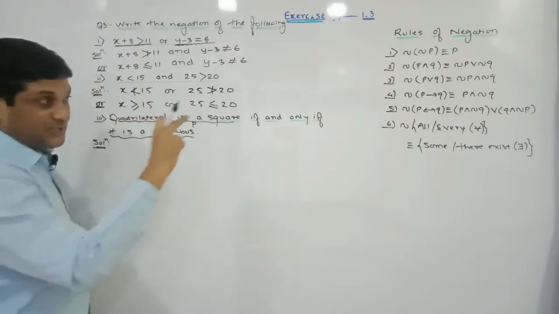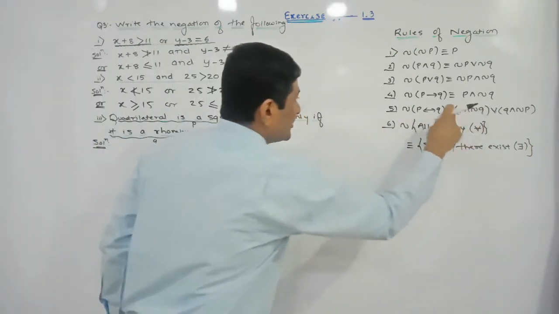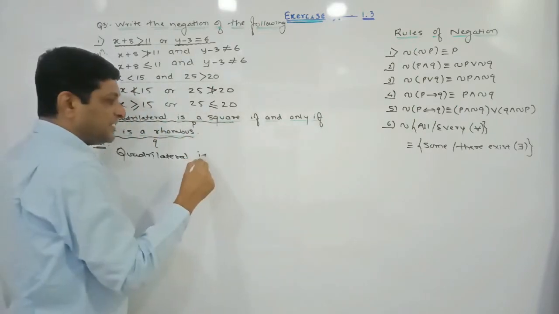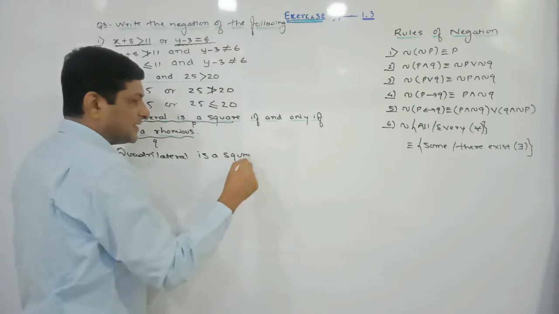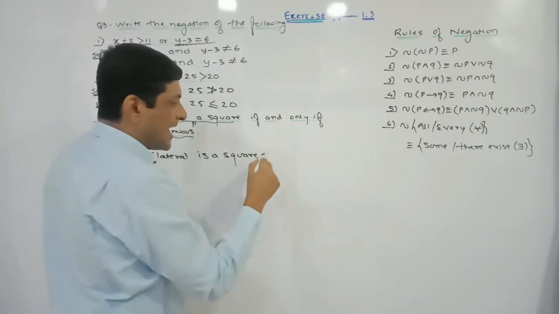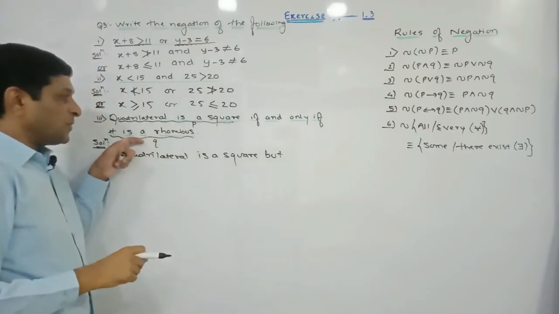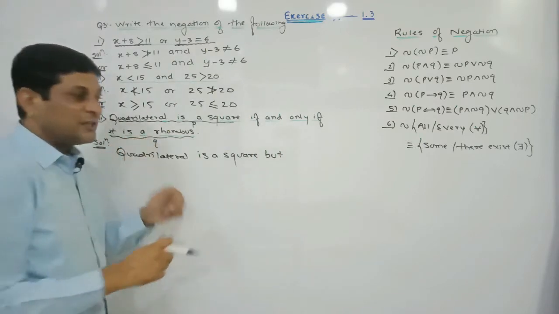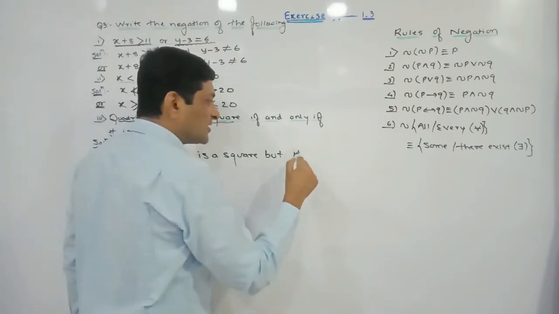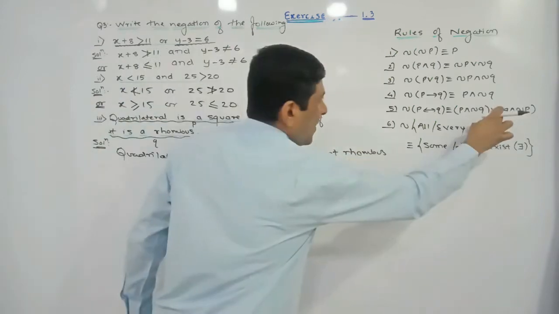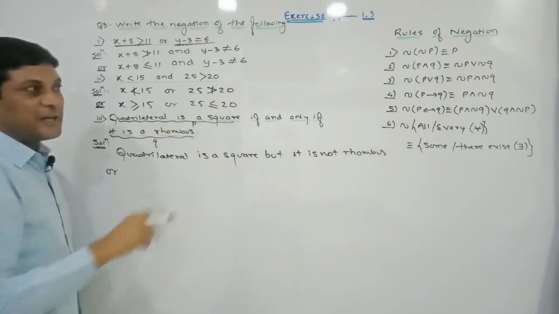Now observe the first bracket, P and negation Q. P means what? Quadrilateral is a square, and can be replaced by what? But. Negation Q. Q means what? It is a rhombus. Negation Q means it is not a rhombus.